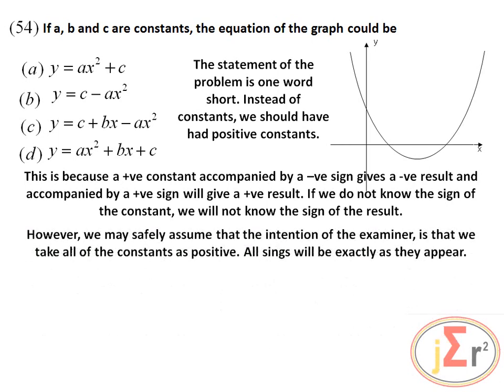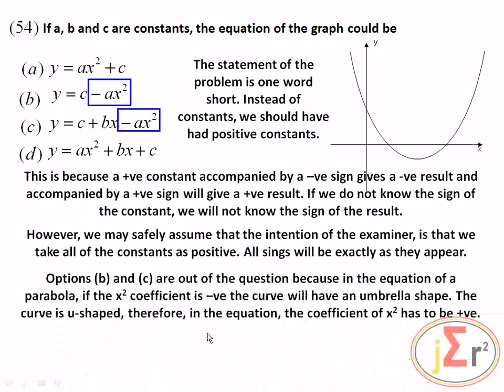However, we may safely assume that the intention of the examiner is that we take all of the constants as positive. All signs will be exactly as they appear, because all of the constants are positive.